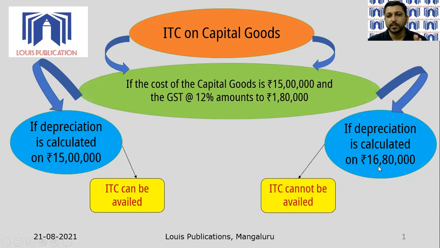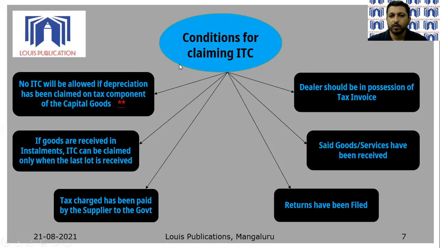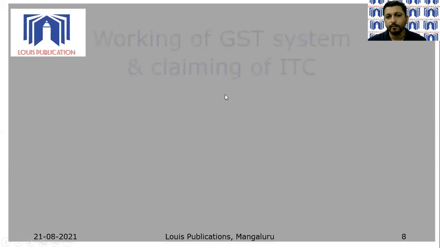So no input tax credit will be given if depreciation is calculated including the tax component, that is the GST component. If it is calculated only on the cost of the goods, input tax credit can be taken. But if it is calculated on 16,80,000 rupees, input tax credit cannot be availed. This is a very important point as far as conditions for claiming input tax credit is concerned.